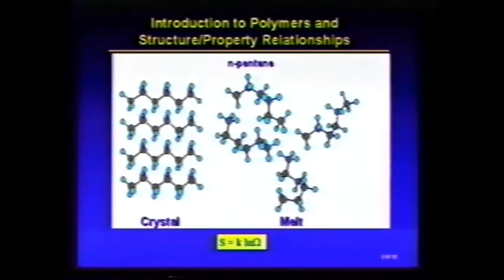Now, when N-pentane melts, bond rotations along the backbone give rise to a variety of conformations that can be adopted. And I should point out again that this is merely a snapshot. There are many, many conformations that can be taken up in the molten state.